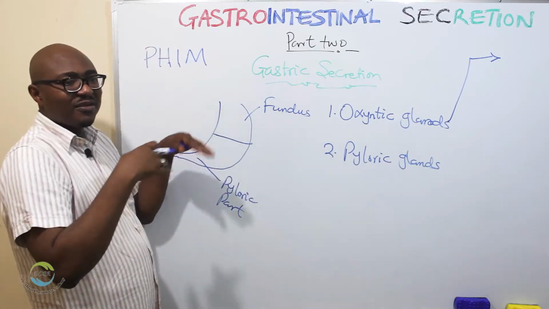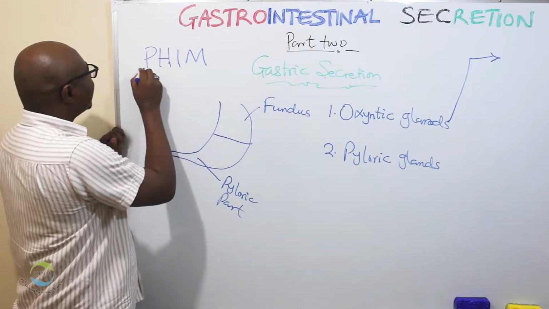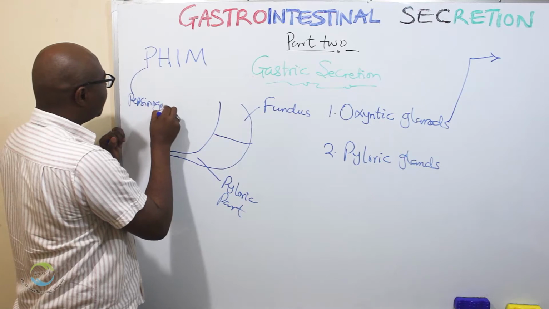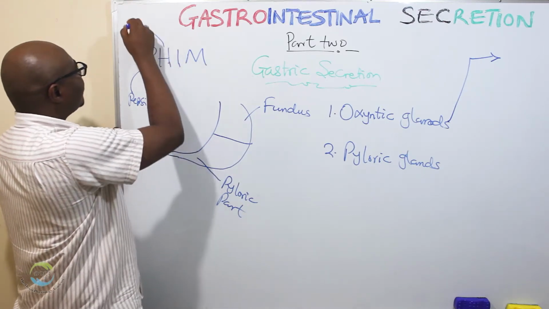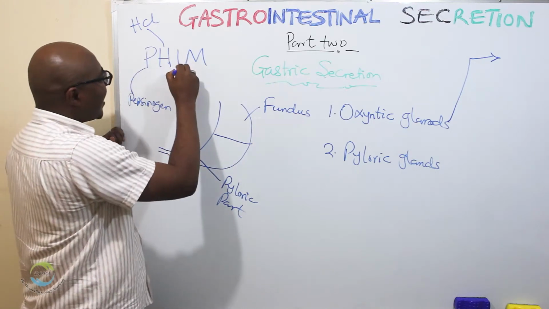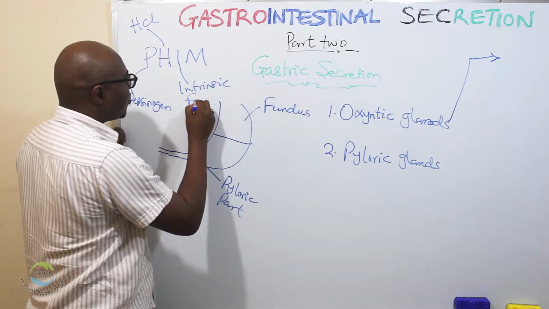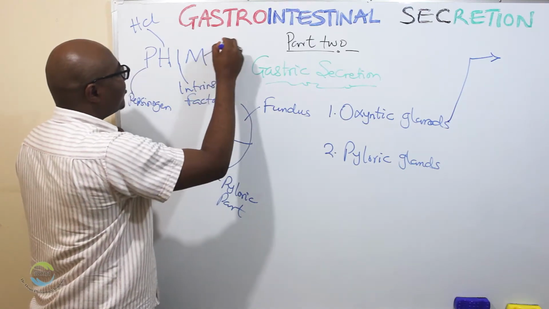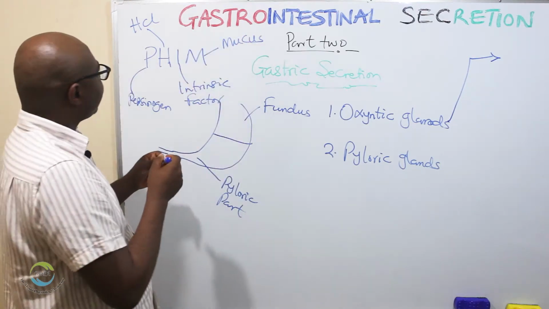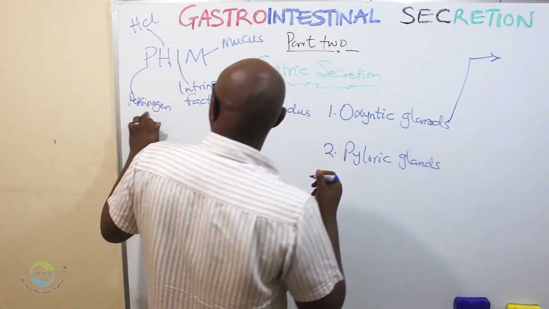Those are the 2 that people like to call juice. So this P represents pepsinogen. The H represents HCl, that's hydrochloric acid. The I represents intrinsic factor. Then this M represents mucus.